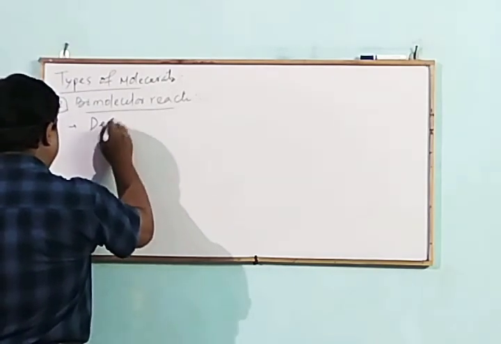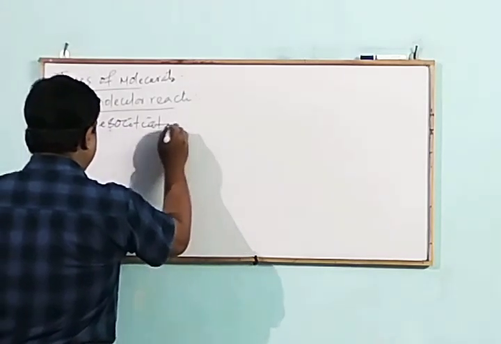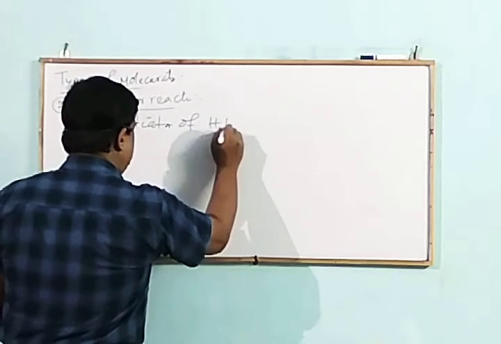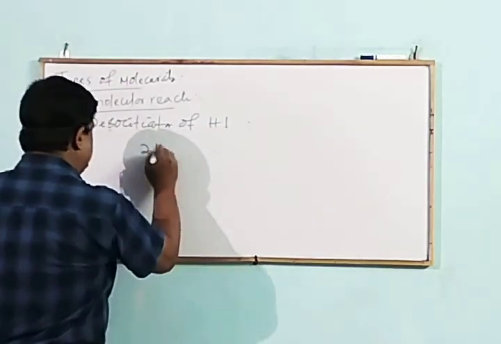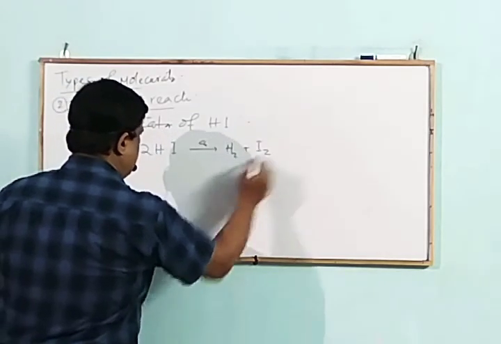Dissociation of hydrogen iodide, that is 2HI gives H2 plus I2.